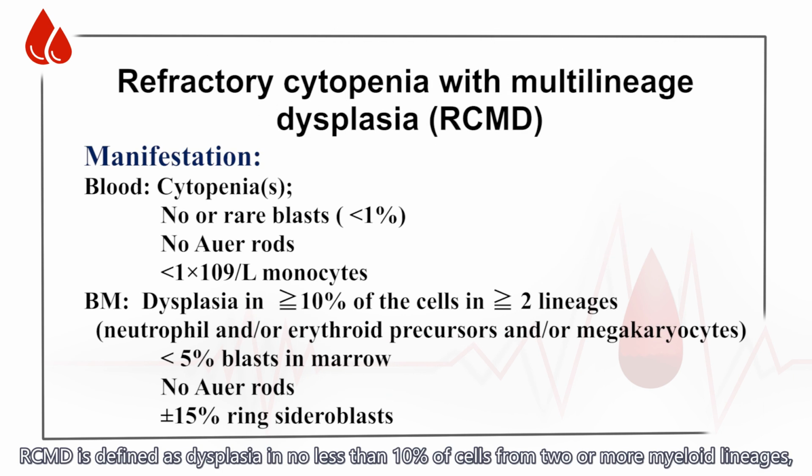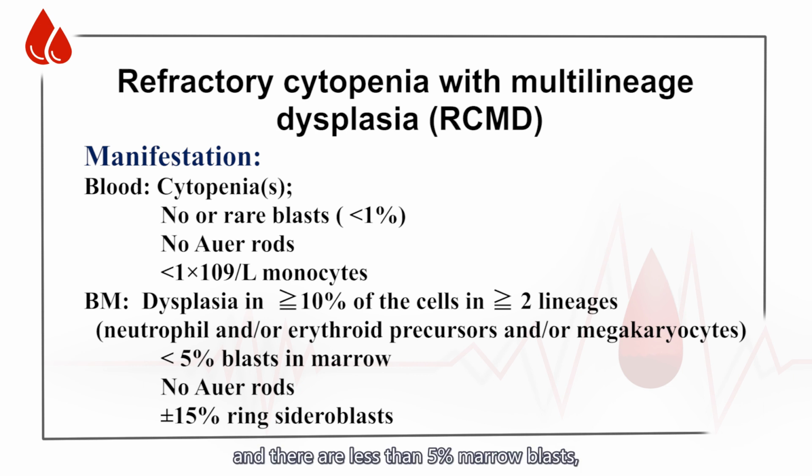RCMD is defined as dysplasia in no less than 10% of cells from 2 or more myeloid lineages, and there are less than 5% myeloblast, less than 1% blood blast, and no Auer rods. Blood monocyte count is less than 1,000.